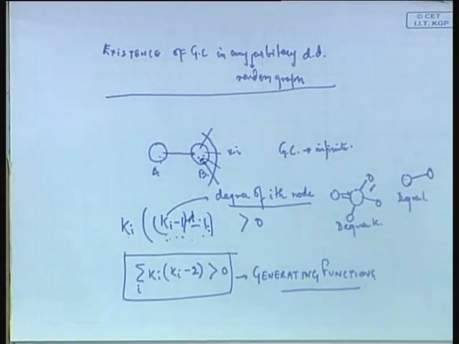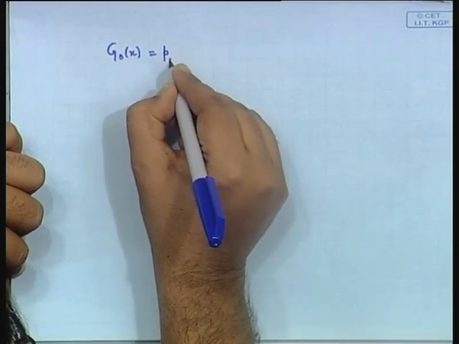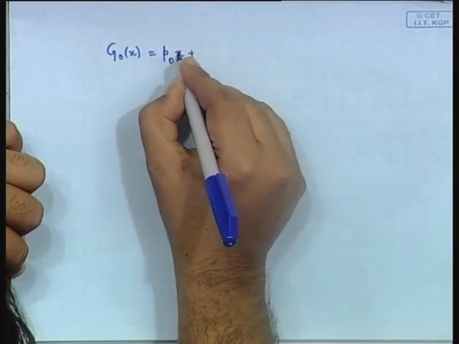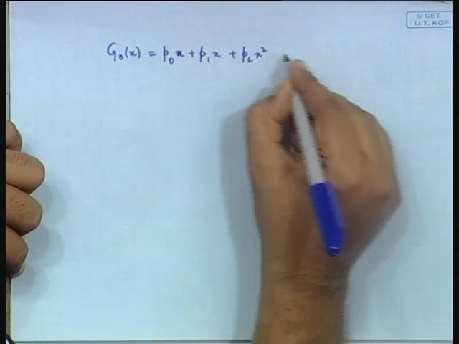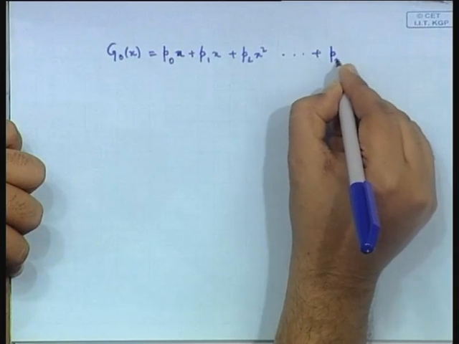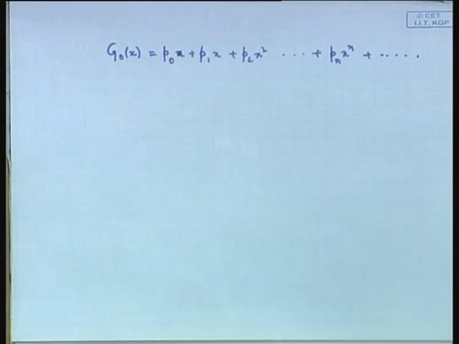It is the function where, let me try to write: P0 plus P1 x plus P2 x square plus Pn x to the power n, and it goes on. If this is a generating function, what does this mean?